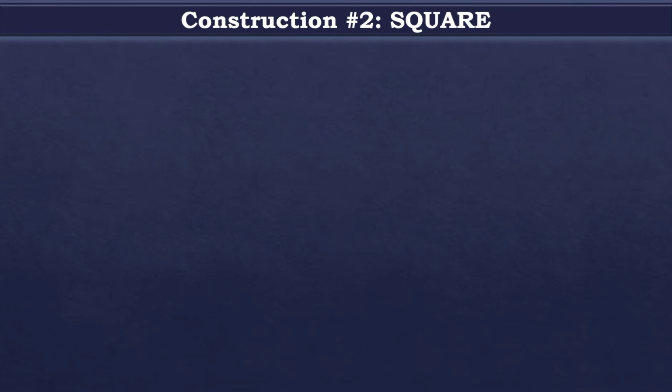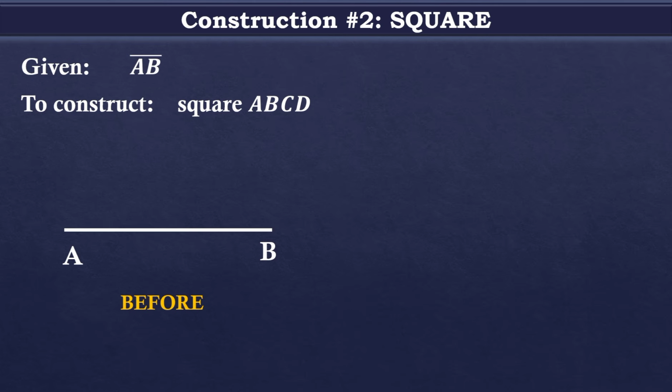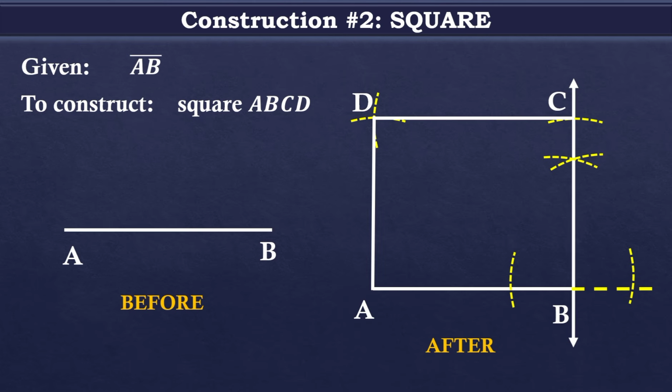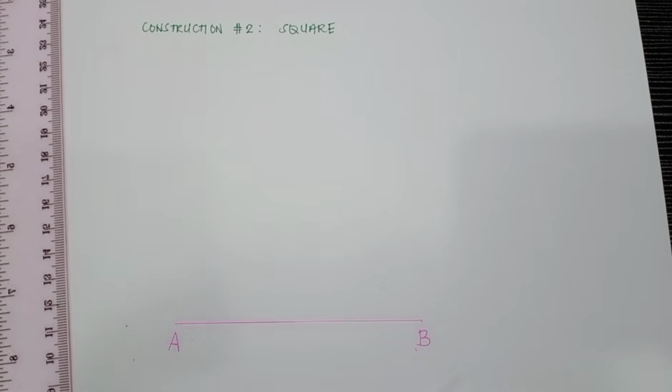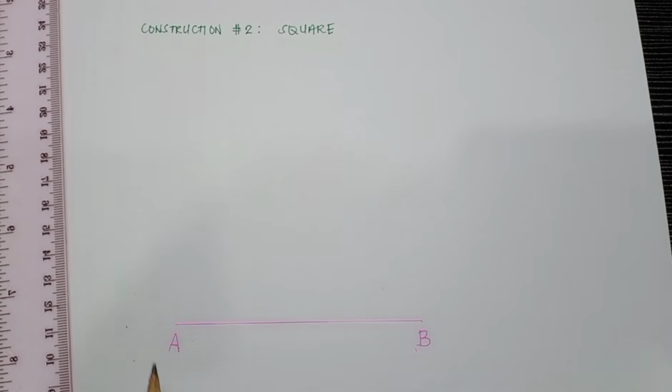For our second construction, we have the square. So, given line segment AB, we will be constructing square ABCD. So, we will come up with this. Alright, so for construction number 2, we're going to construct a polygon which is a square. So, given this segment AB, so meron tayong segment AB with 2 endpoints, of course.